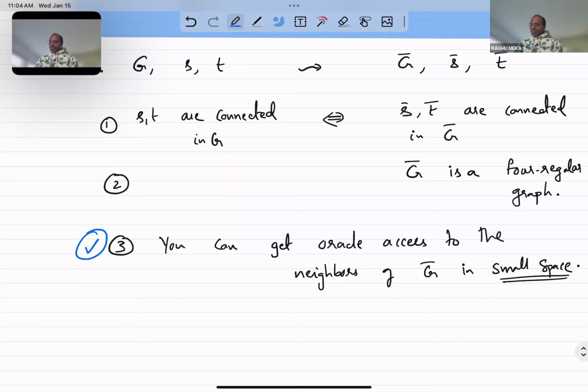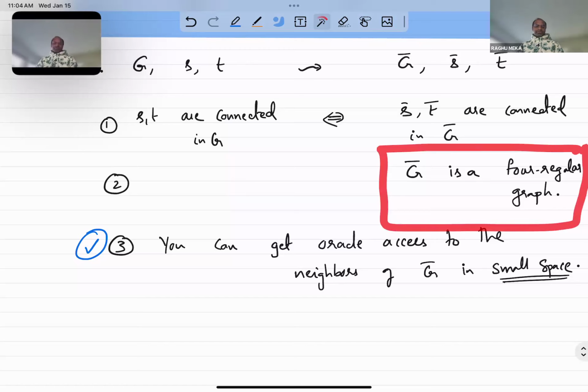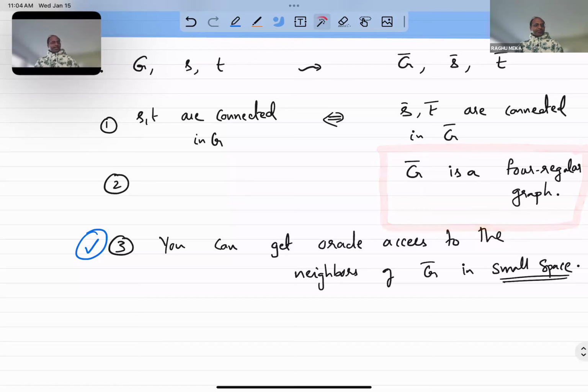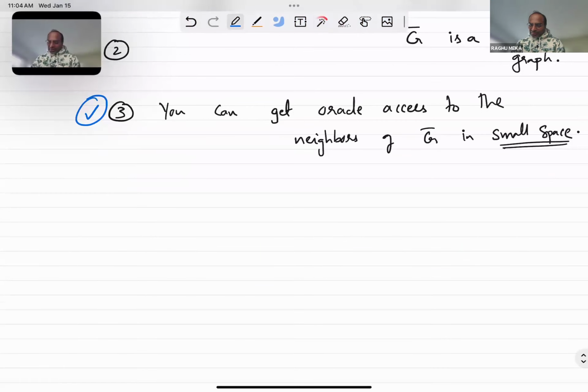But how do we do this? It seems amazing that you can reduce the degree all the way to number 4. The reason we can do that is the following. I'll give it by an example, and then I'll describe how it is done, the formal process. So let's say this is my graph.